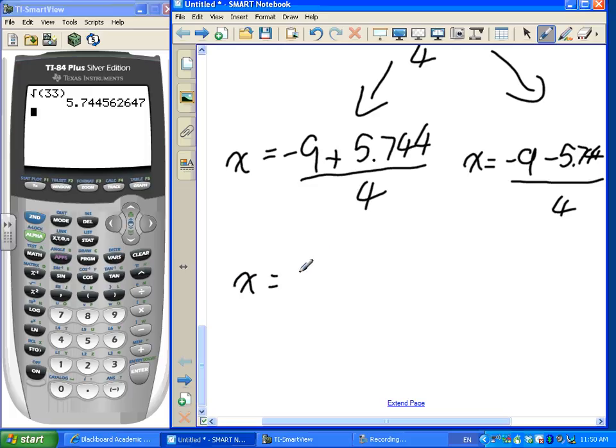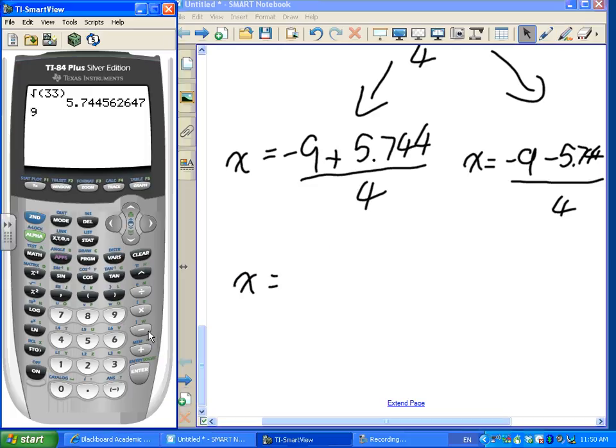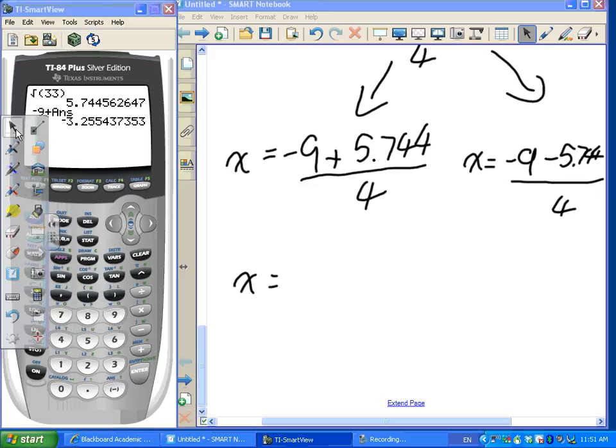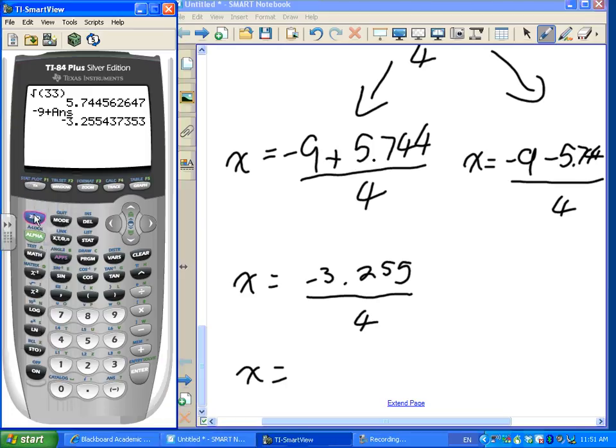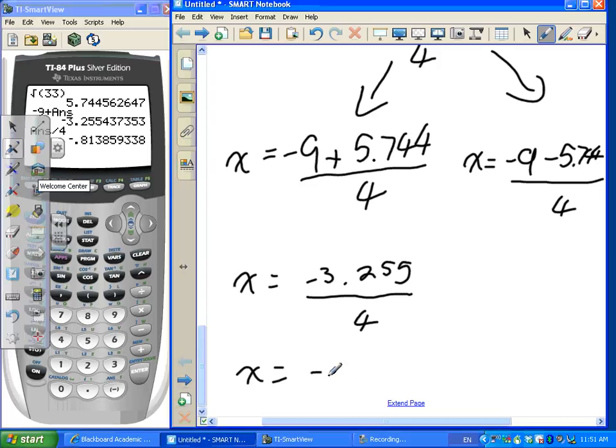-9 plus that answer is -3.255 divided by 4. x equals, I'm going to quickly just divide those. Answer divided by 4, negative 0.81, let's say 0.83. So that's one of my x-intercepts.